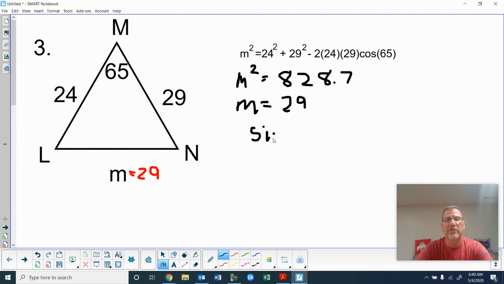Law of sines is quicker than using law of cosines, so we always do that. So sine of 65 over 29 equals the sine of angle N over 24. All right, so we'll cross multiply and divide, to find what the sine of angle N is.